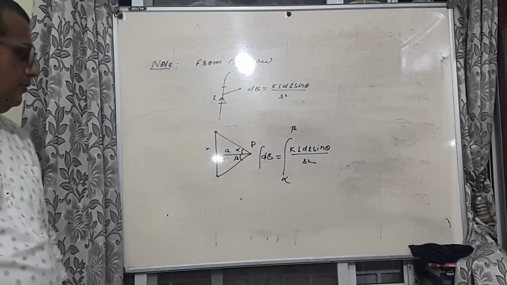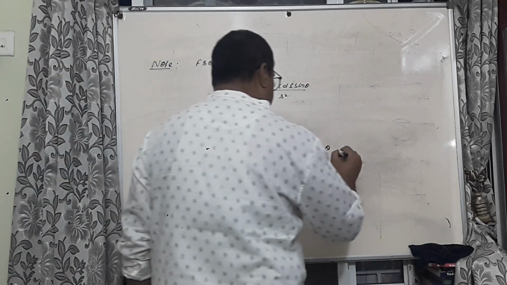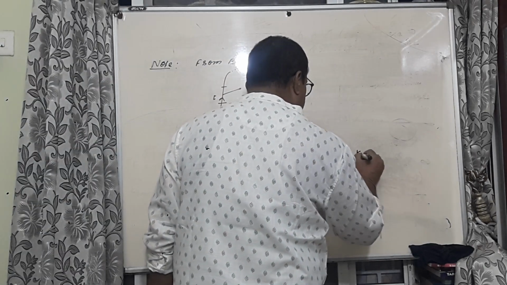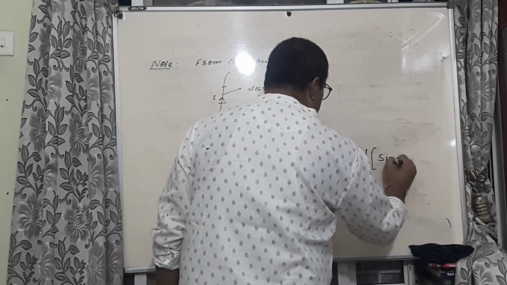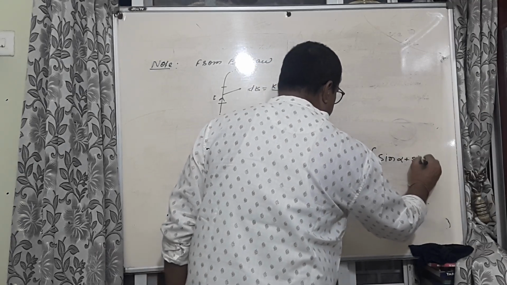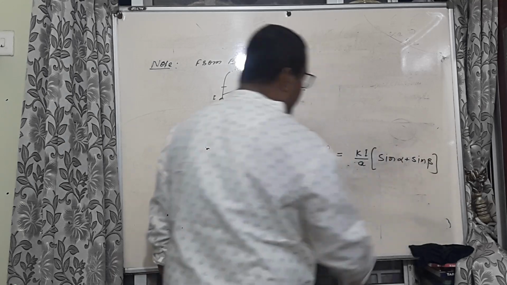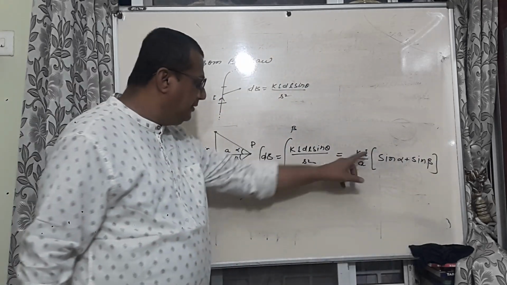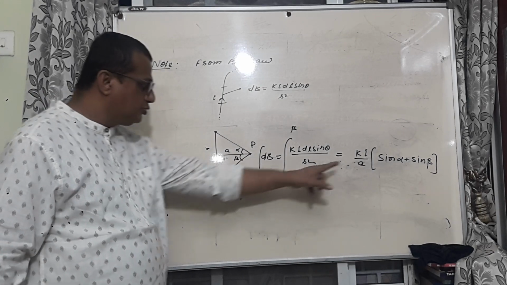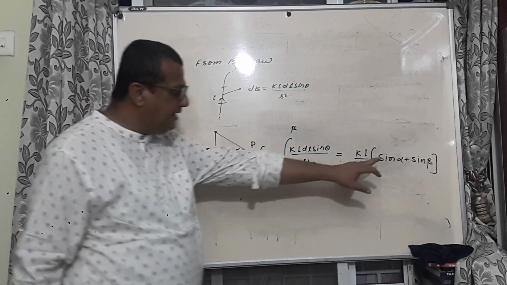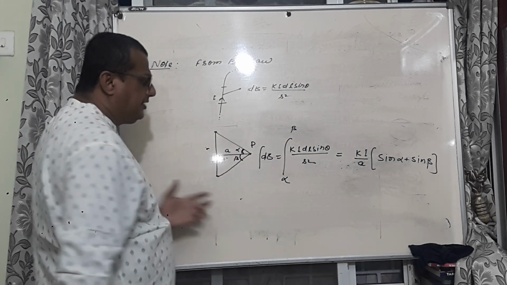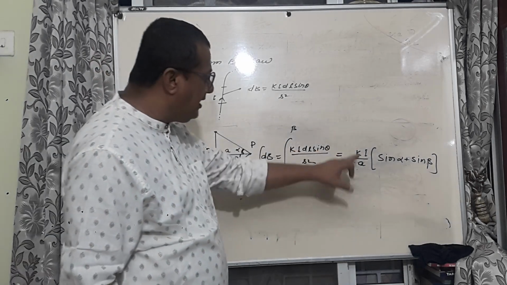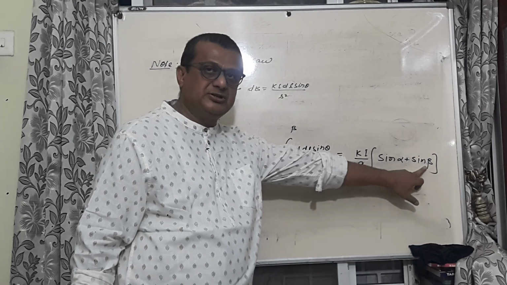Now you will get the value K I by A into sin alpha plus sin beta. The distance here is A, so we have taken A. This is the alpha angle and this is the beta angle. Integration is not required. So K I by A, sin alpha plus sin beta.